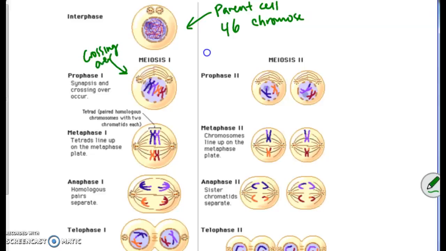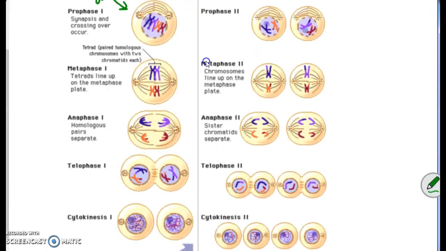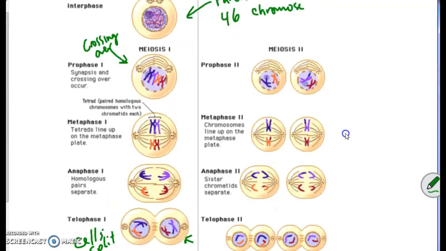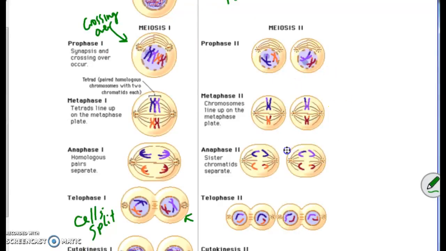And so now we have all these copies of these genes, and now the cells divide. So now we have two copies of every gene in these two cells. Then it's going to go through these stages again.